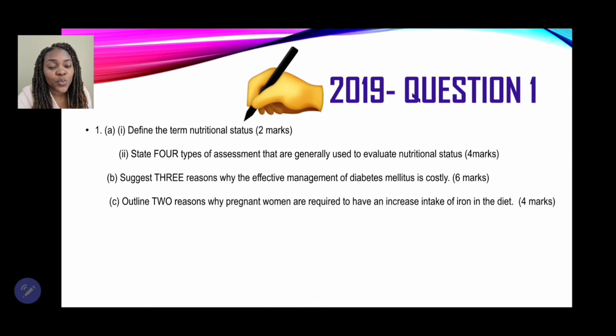Suggest 3 reasons why the effective management of diabetes mellitus is costly. And finally, outline 2 reasons why pregnant women are required to have an increased intake of iron in the diet.